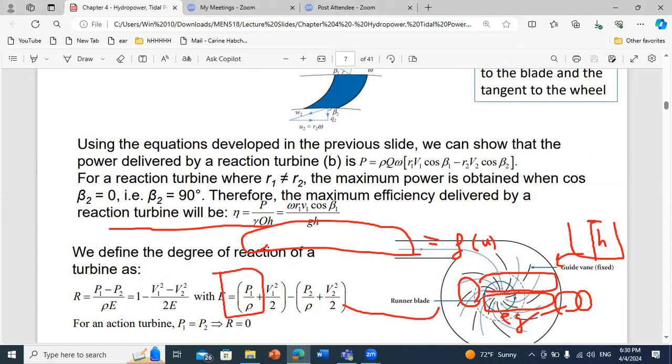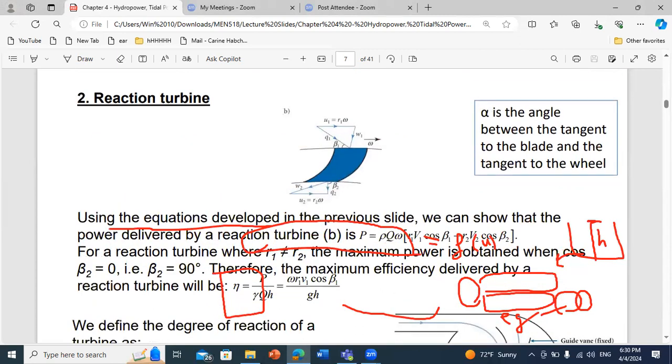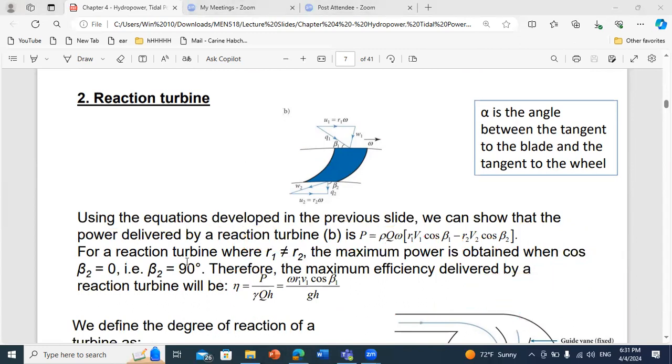So now, as we were discussing, this was the analysis of impulse turbines. Now we'll do the analysis of reaction turbines. In reaction turbines, you have some different characteristics. First, R1 and R2 will be different. You don't have R1 equal to R2. Because R1 and R2 are different, this will change the analysis, but the overall method is the same.